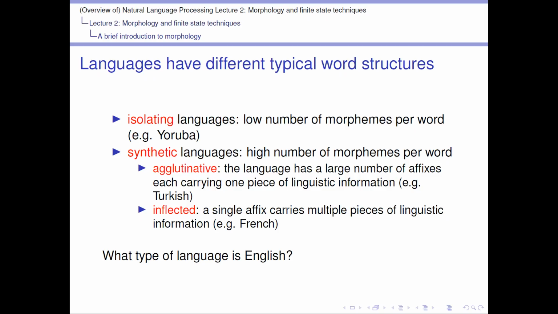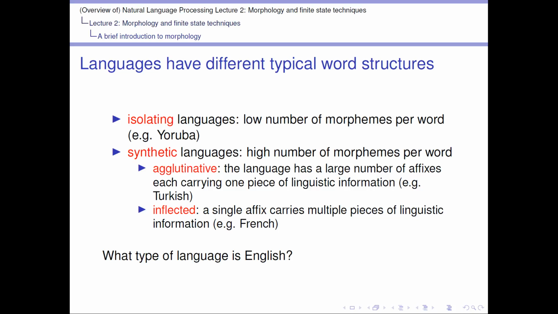So isolating languages is the most extreme with the lowest number of morphemes. Synthetic languages is the name given to all languages that have a higher number of morphemes per word. But they can be subdivided into different categories. Agglutinative languages are ones where, for the inflectional morphology in particular, you've got each kind of thing, like tense or aspect or person, having its own little affix, and you just keep adding them on.